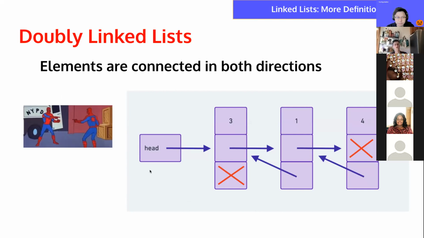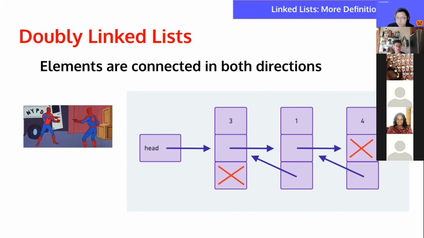For sure. So yeah, we chatted through singly linked lists, but doubly linked lists are a modified version of this, where not only do you have the data and the pointer to the next node, but you also have a pointer so each node knows what the previous node is as well.